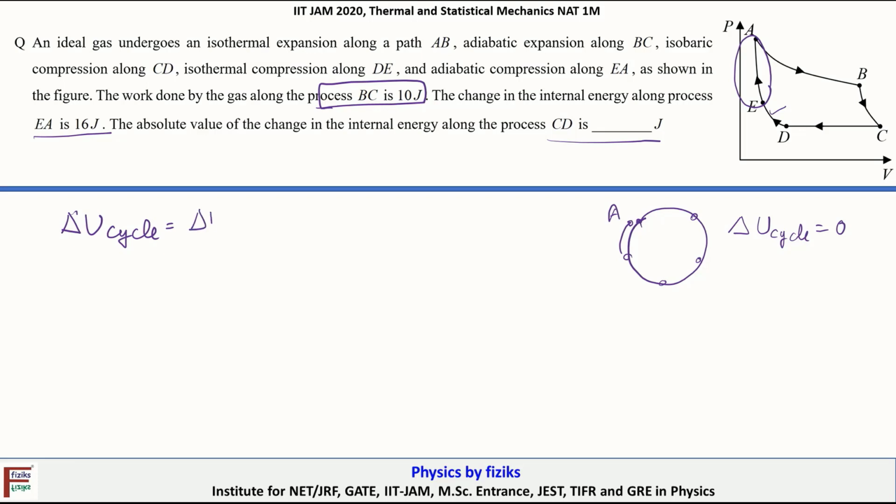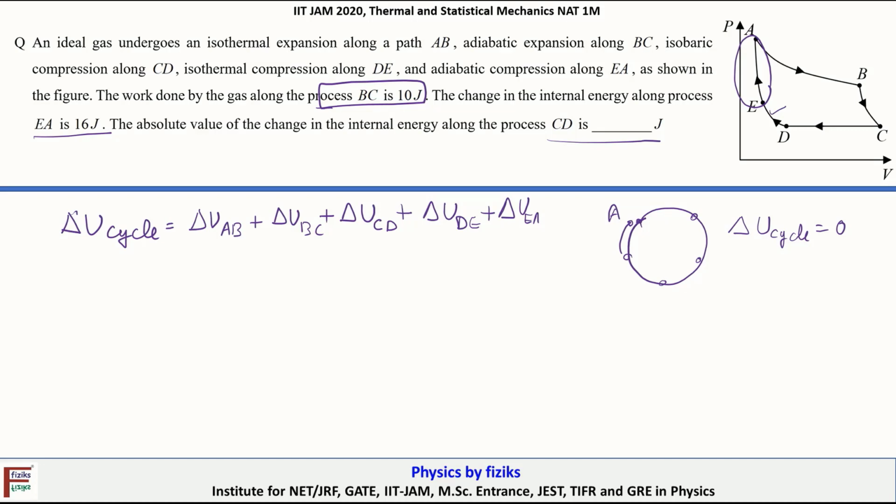This is equal to delta U when we are performing process AB, plus delta U when we are performing the process BC, plus delta U when we are performing the process CD, plus delta U D to E, and then plus the internal energy change when we are performing the process E to A, delta U E to A.